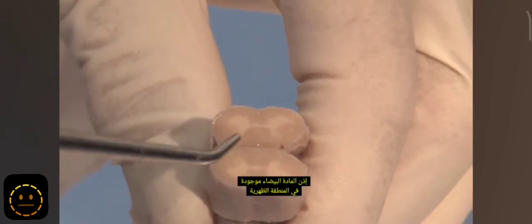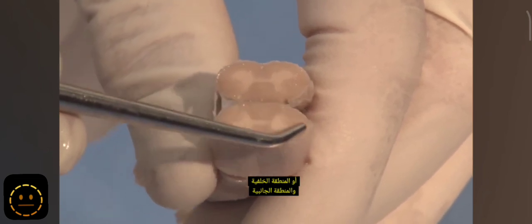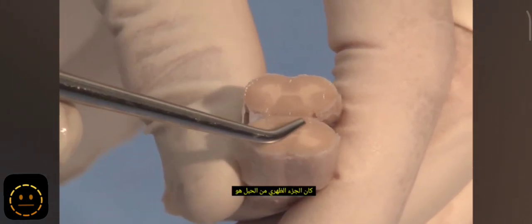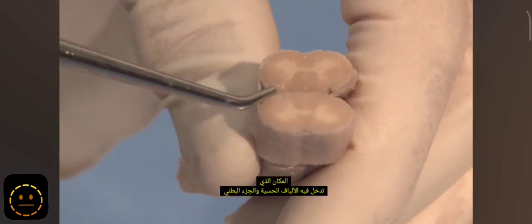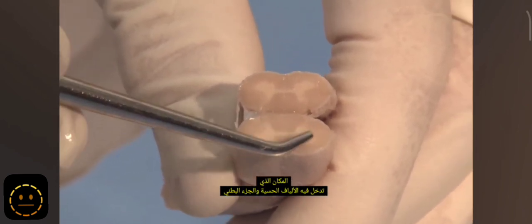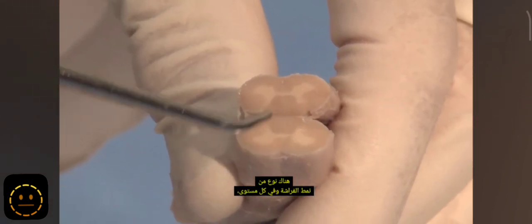So the white matter is in the dorsal or posterior region, in the lateral region, and in the anterior or ventral region. The dorsal part of the cord is where the sensory fibers were coming in, and the ventral part of the cord is where the motor fibers were going out. And there is sort of a butterfly pattern.